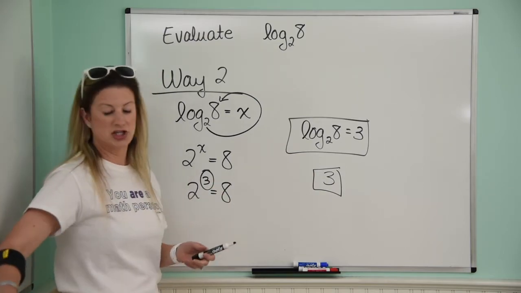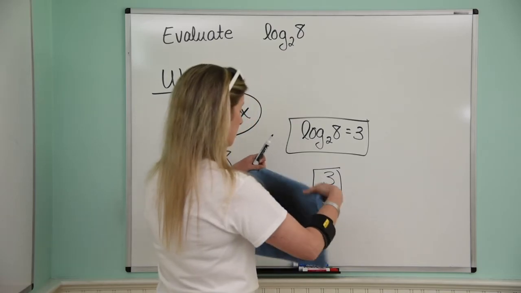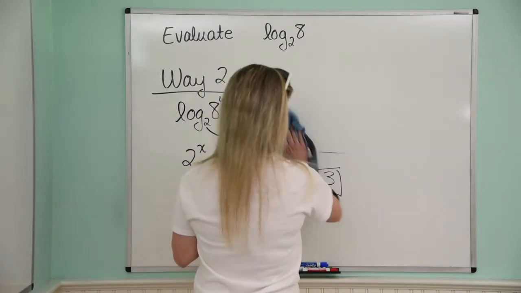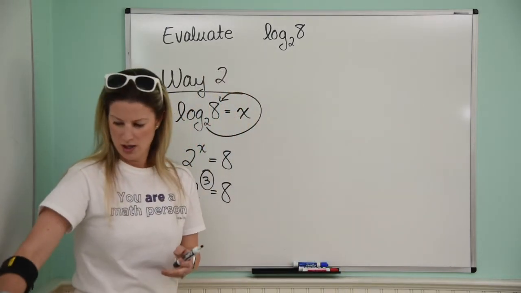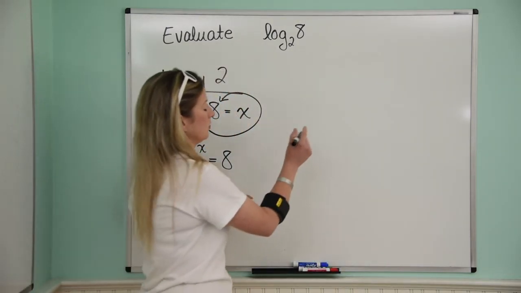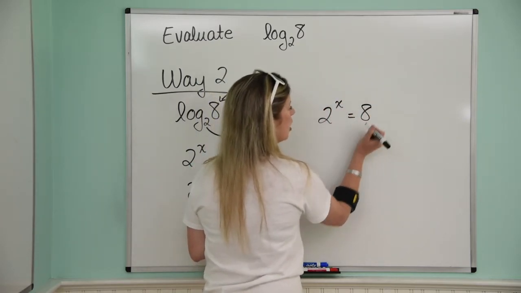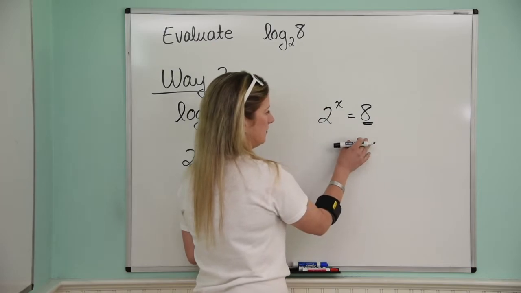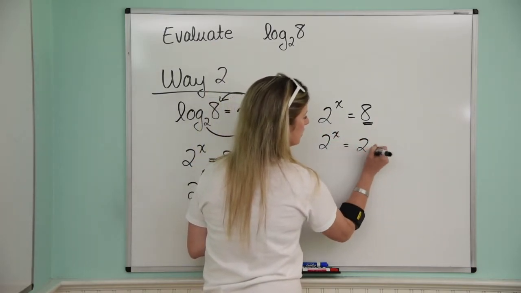Because these are smaller numbers, that was easy. Here's a strategy if you have bigger numbers, or you're not sure, or it's more complicated, like you have an x plus 1. If you have 2 to the x equals 8, always write 8 as a power. We can write 8 as 2 to the third.